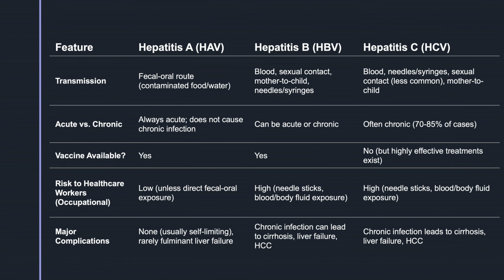And then what's your risk as a healthcare worker? What do we need to be aware of? Risk levels, and any major complications. All of these are hepatitis, diseases and infections of the liver, but they all present a little bit differently, and their routes of transmission are all different.